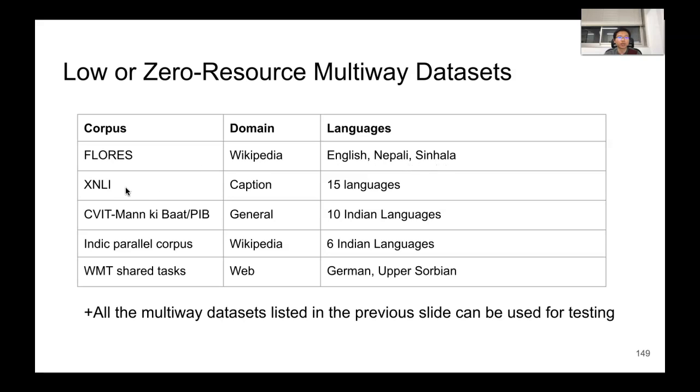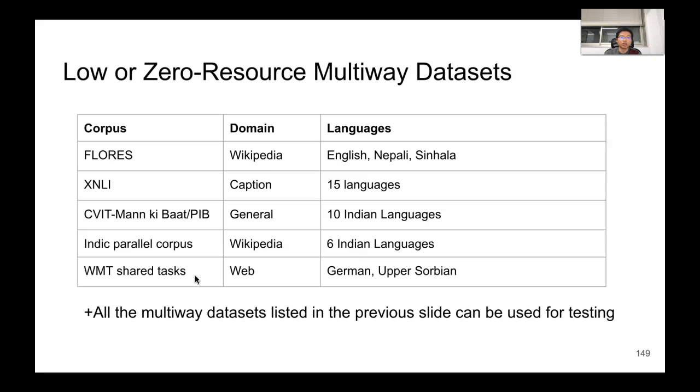We also have XNLI, which is an image caption dataset. This corpus contains 15 languages, but very low resource. We also have a general domain corpus for 10 Indian languages, the CVIT corpus. And also another Indian corpus, which is a Wikipedia domain consisting of 6 Indian languages created by crowdsourcing.